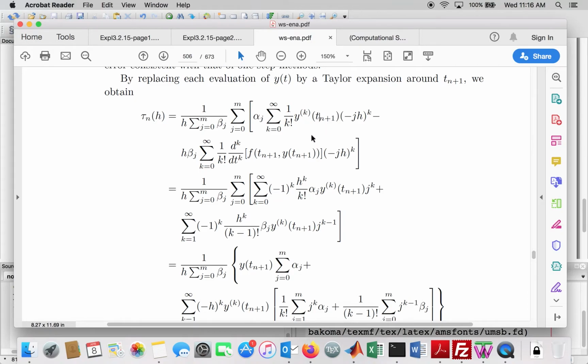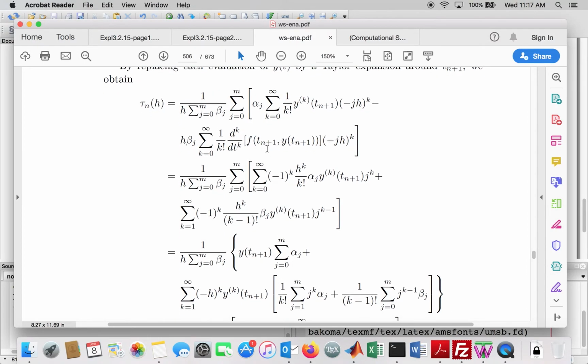And then over here, we take derivatives of this with respect to t. So unlike before, where we did a multivariable Taylor expansion, it's actually a single variable Taylor expansion in t that leads to this. We're not bothering to expand to partial derivatives of f with respect to t and y.